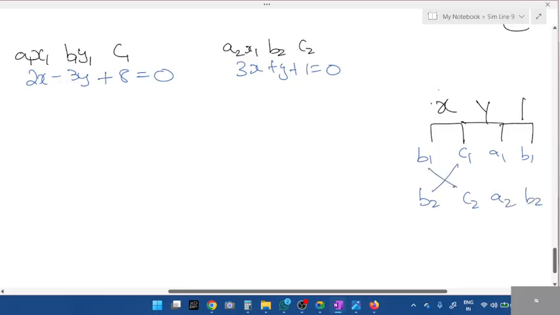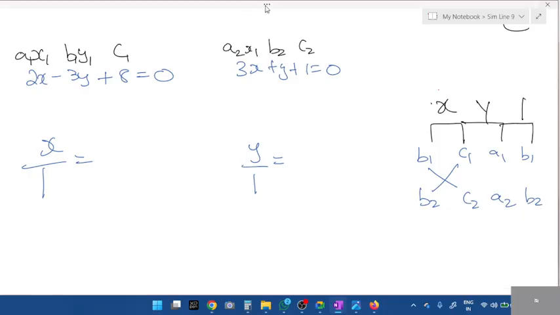Yeah, cross multiply, what do you get? See, and what's the main formula? x divided by 1, you should get a value, and y divided by 1. For x, what's the answer? What's the formula, students, for x? Okay, that is the formula. But what is the value?